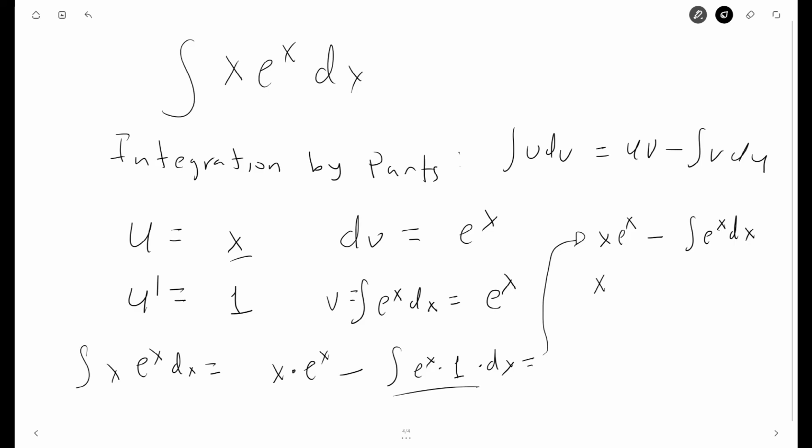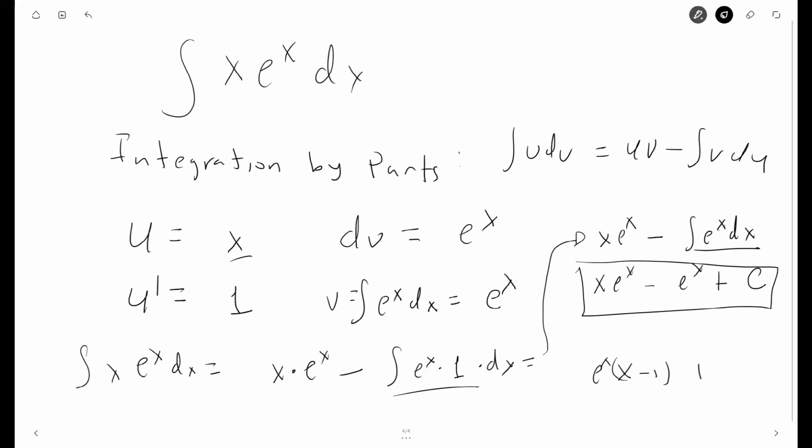Then we do x e to the x minus the integral again, that's going to be e to the x plus c, since this is an indefinite integral. Okay, so now this would be the answer, or if we want to combine this, it would be x minus 1 times e to the x plus c.